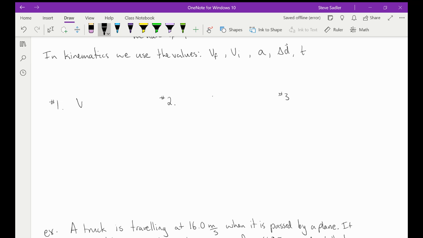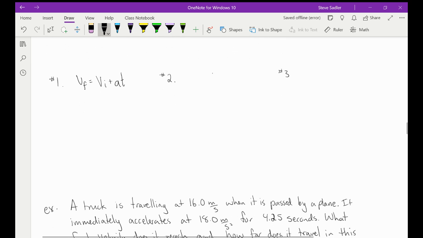So the first one is VF is equal to V naught plus AT. I'll change that to VI. We'll try to keep our notation consistent. So this formula includes VF, VI, A, and T, and does not include displacement.